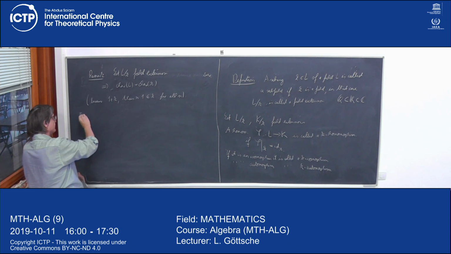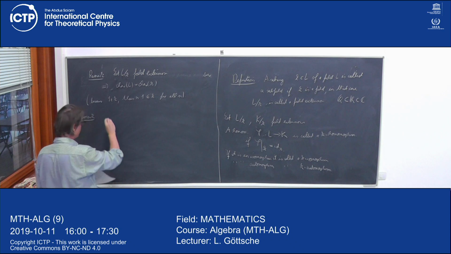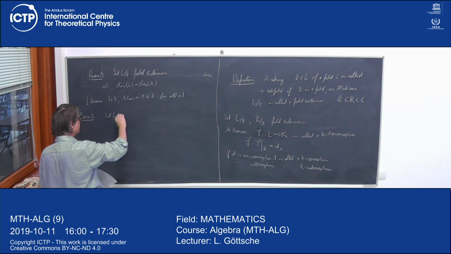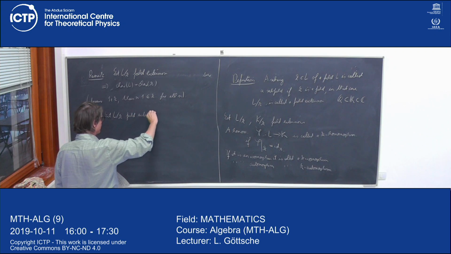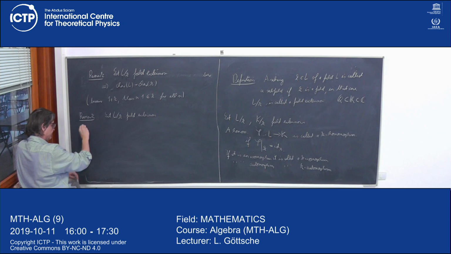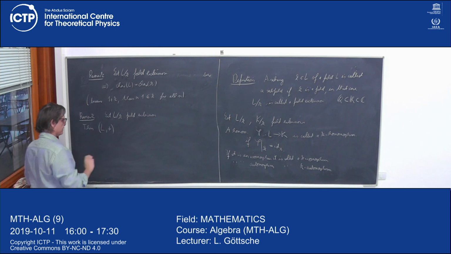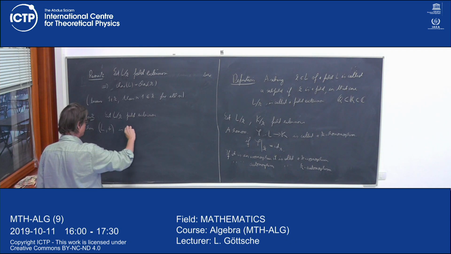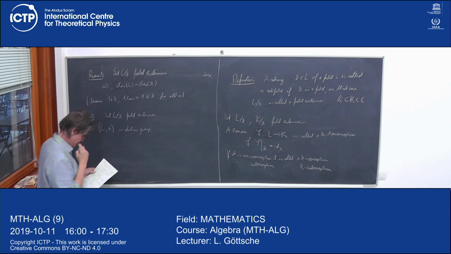So first, what I said about this vector space, we mark. Let L over K be a field extension. Then, obviously, we certainly have that L with the addition is an abelian group, because that's part of being a field.